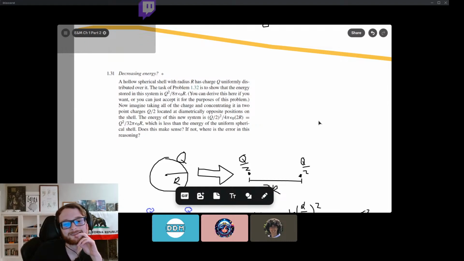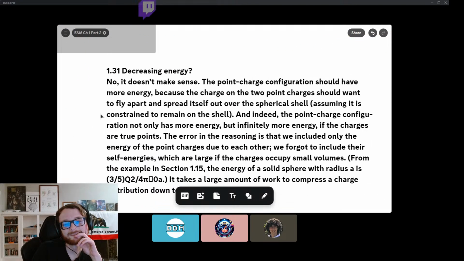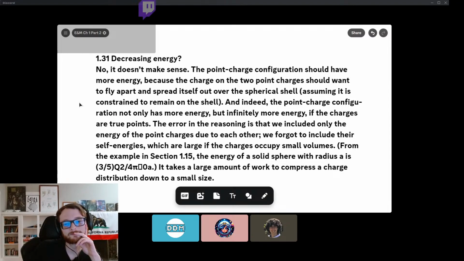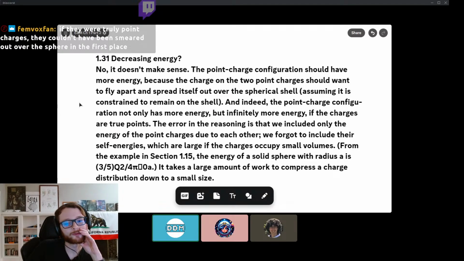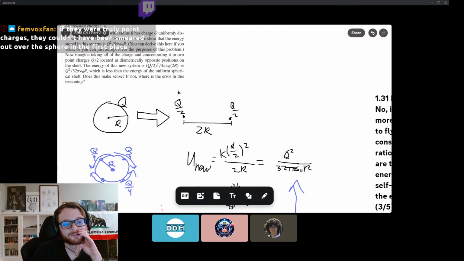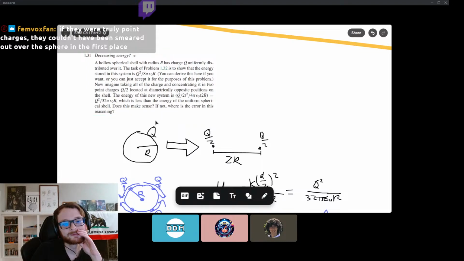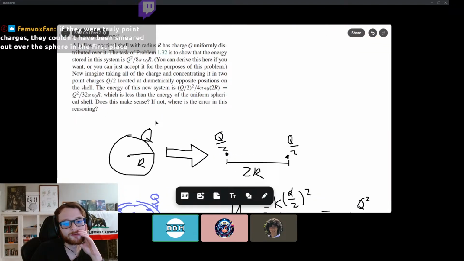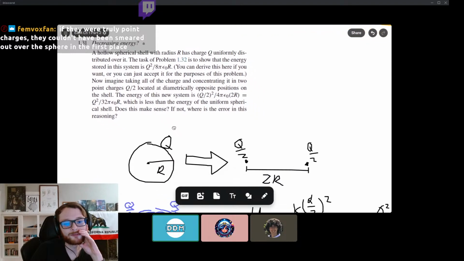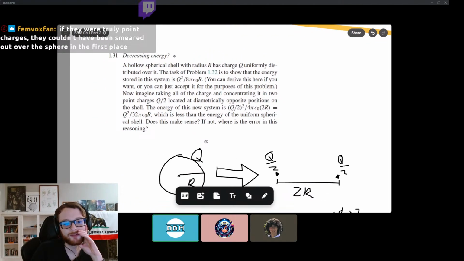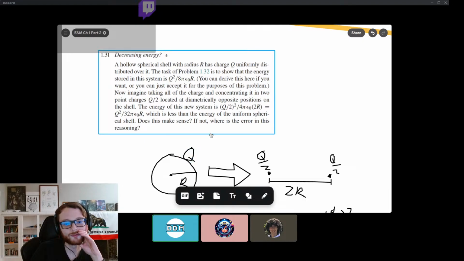Huh. They were truly point charges when I'm smeared out over the sphere in the first place. I just didn't read the question carefully enough, or I was taking two entirely different situations that happen to have that relationship with the radius and the total charges.